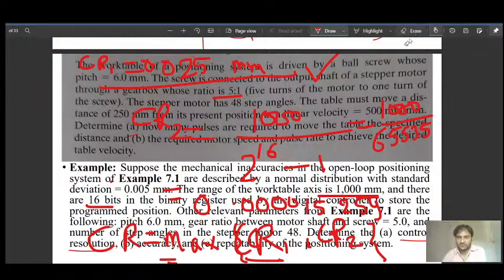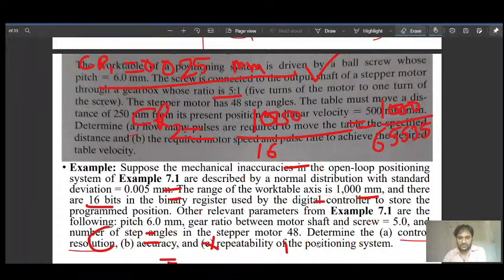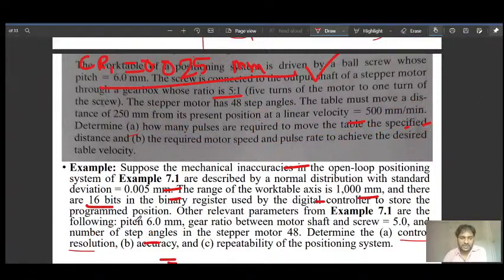Next is accuracy. Accuracy, as you know, is CR by 2 plus 3 sigma, the maximum possible result.